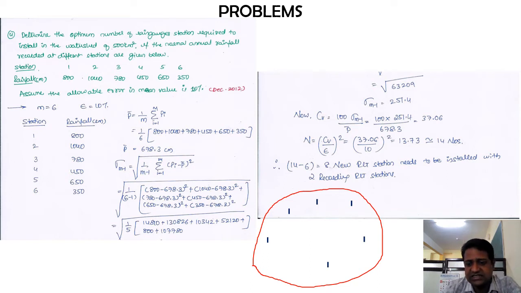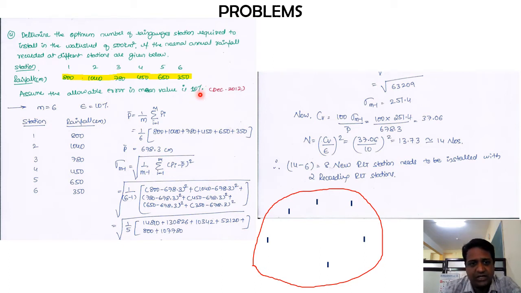These are the six existing rain gauge stations available in this particular catchment area, and they have collected this rainfall data. They want you to determine the optimum number of rain gauge stations required in this catchment area to collect the rainfall data with a limited error of 10%.